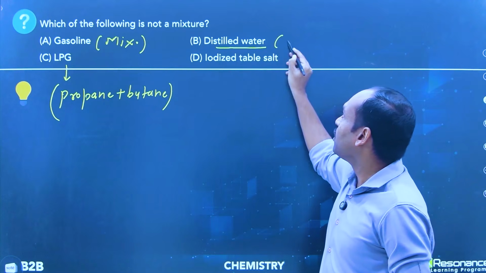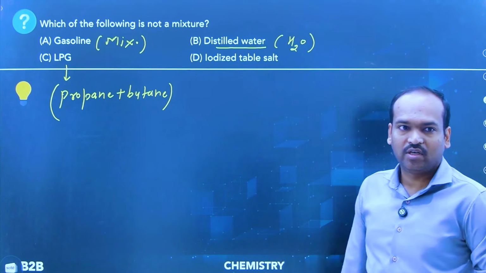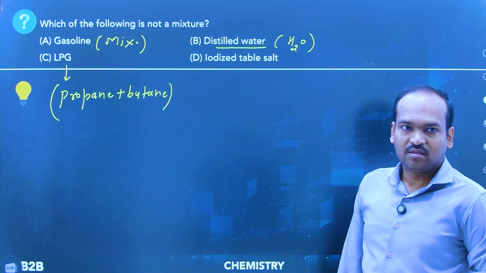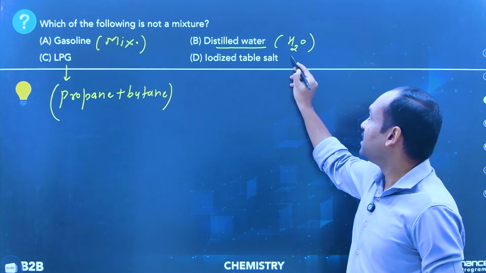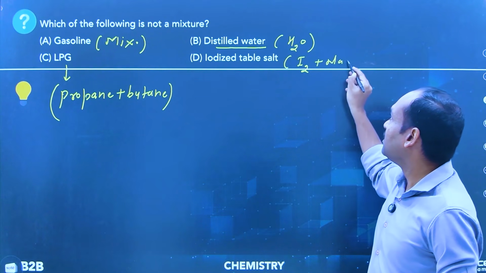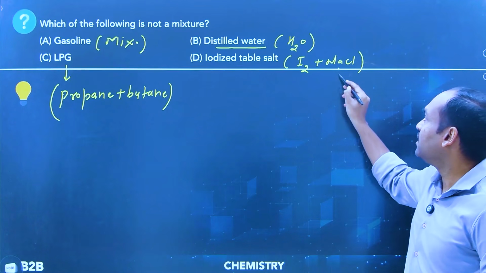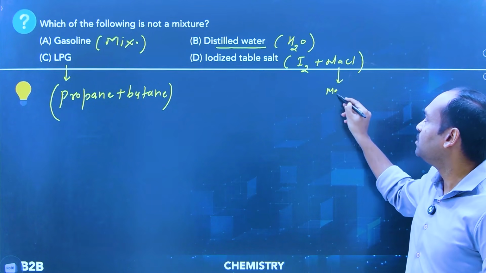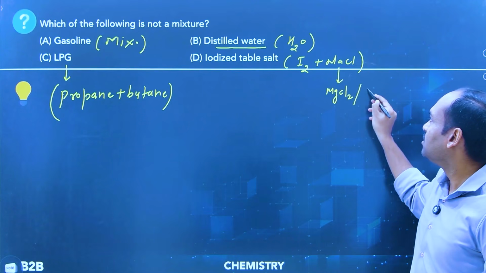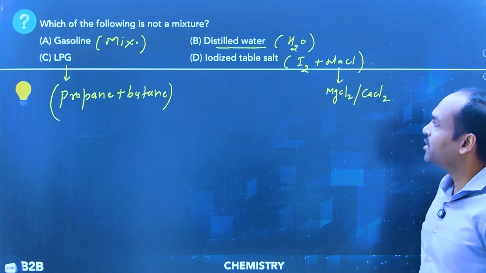Distilled water means pure water without any minerals or ions. Iodized salt is I2 mixed with NaCl, and we know NaCl also contains some impurities like MgCl2, CaCl2. So this is also a mixture.